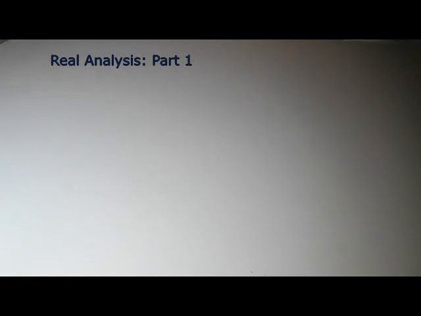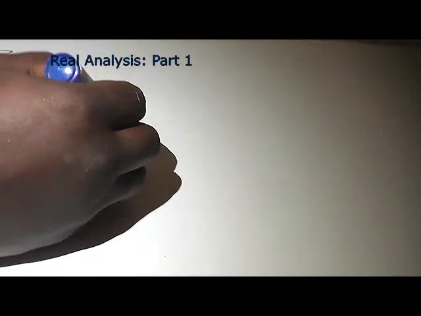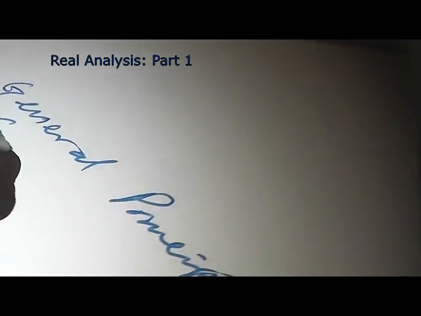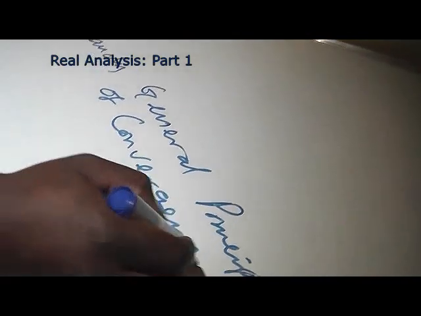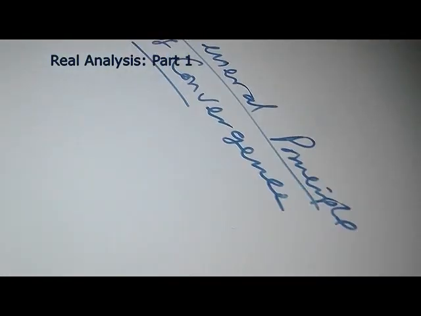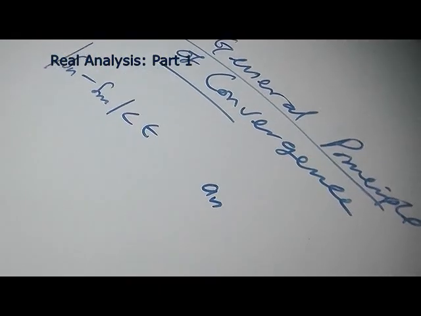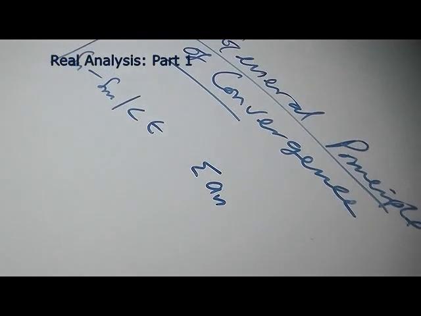Now we check out the Cauchy general principle of convergence, this one for series. It says if the partial sum Sm minus Sn is Cauchy, then the series summation of an converges.